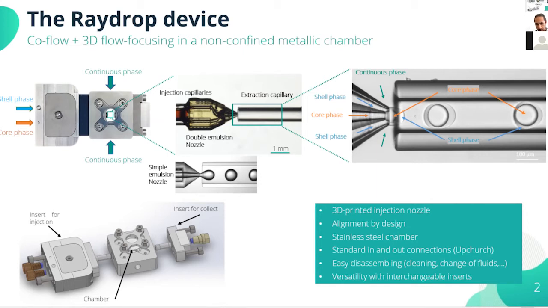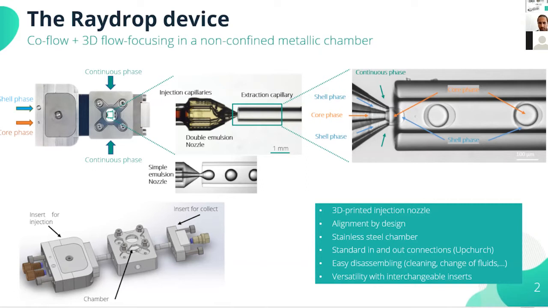Each insert will give you a range of emulsion sizes that is achievable based on the flow rate applied. And if you want to switch from one range of size to another, for simple or double emulsion, you can change the insert and the dimensions of the extraction capillary and the nozzle, and you have a different range of emulsion.